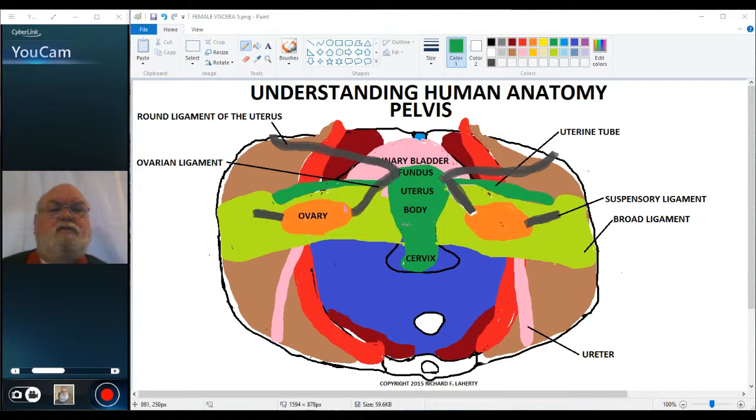Now that I have these structures drawn in, I can finish the uterine tube, because the uterine tube actually projects posteriorly. So it comes away from the broad ligament, like so. And it has an expanded area that then narrows down.